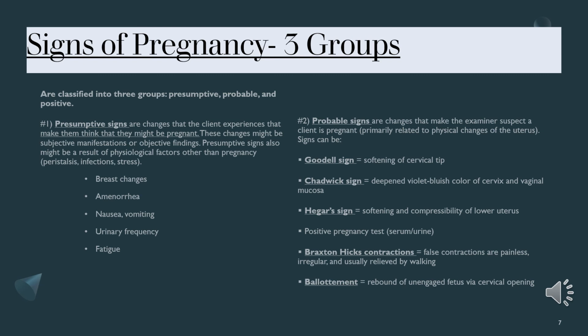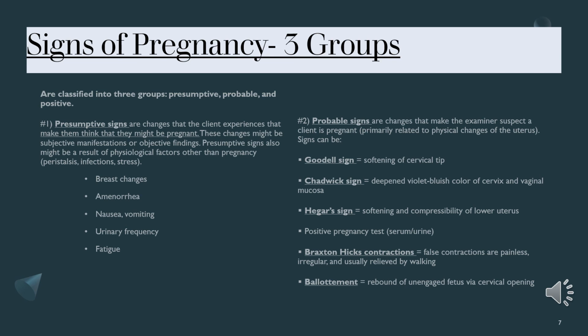I tend to call them those guys, because it's a list of different signs, all named after men who have discovered them or have decided that those were their signs of pregnancy. So those probable signs are the list of those guys.